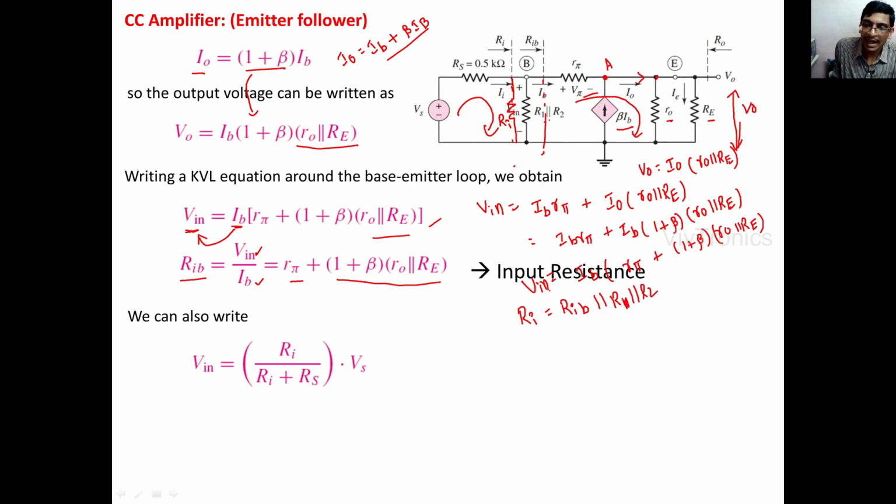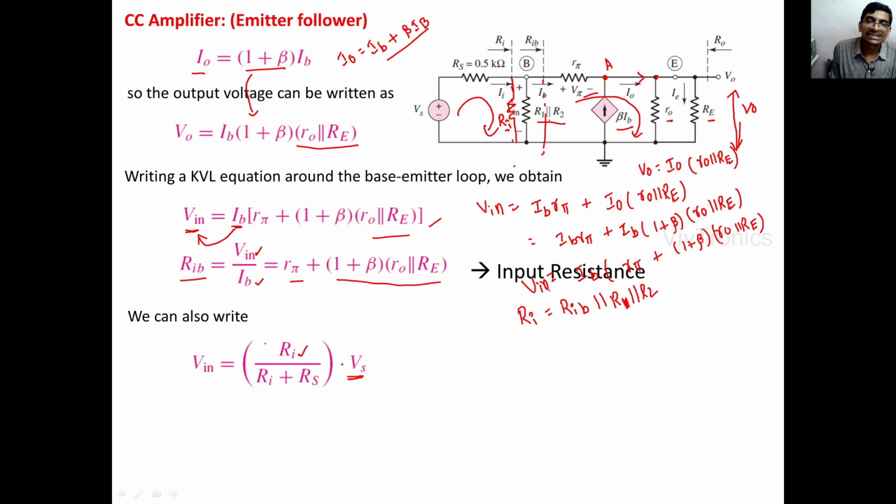RI is the total input resistance of our amplifier, including the biasing resistance R1 parallel R2. So this RI is the parallel combination of R1 parallel R2, and also we have the input resistance RIB at the input side. That RIB is in parallel with R1 parallel R2. That becomes RI.